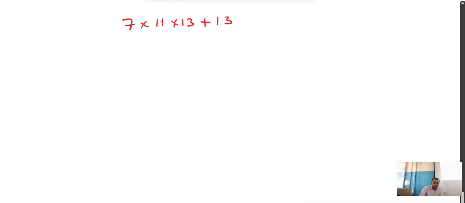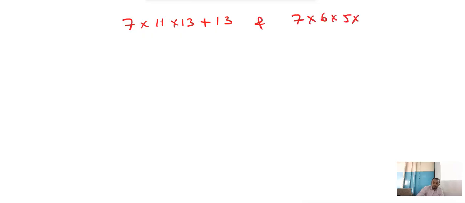For 2 marks, check whether 7 into 11 into 13 plus 13 and 7 into 6 into 5 into 4 into 3 into 2 into 1 plus 5 are composite numbers.